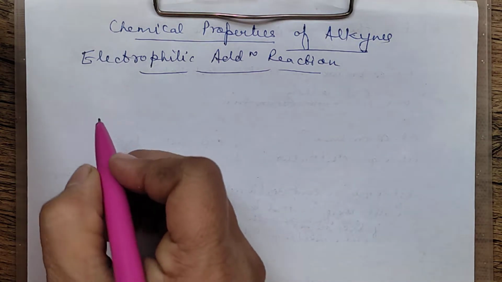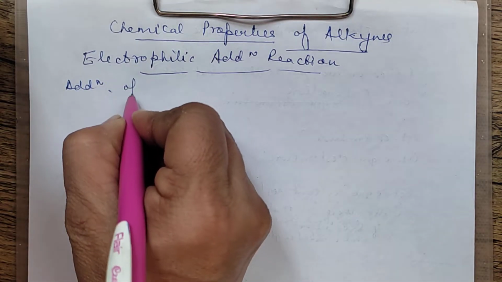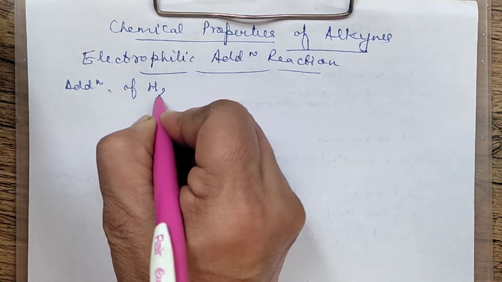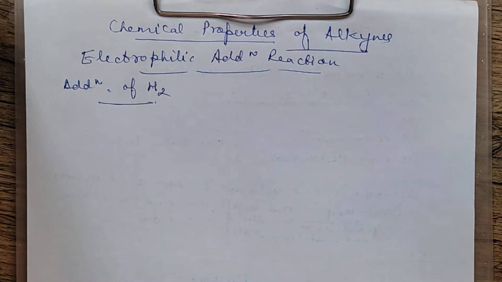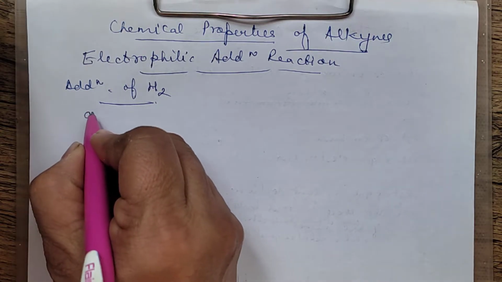Now let's first talk about addition of hydrogen. Though we have covered this in alkane preparation, even in alkyne preparation we have discussed this. Suppose we are talking about ethyne.